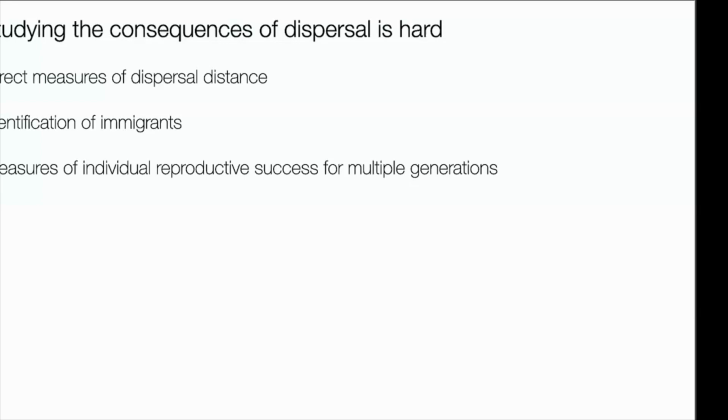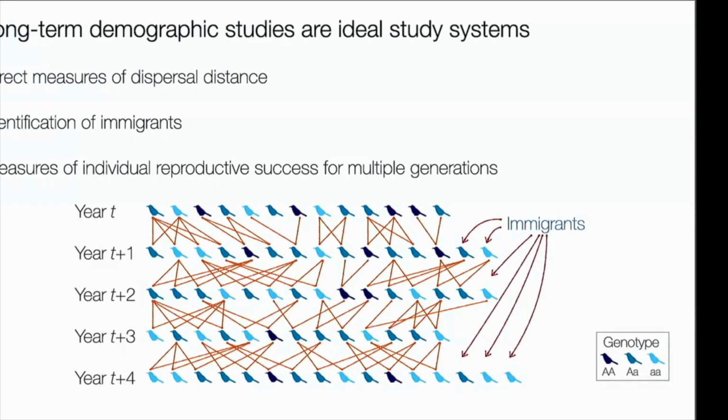Ideally, you would want to be able to identify immigrants coming into your population and then track individual lifetime reproductive success across multiple generations if you want to assess longer term consequences. Long-term demographic studies are really nice because with detailed monitoring, you can identify incoming immigrants into your population over time and also track how many offspring, grand-offspring, et cetera, they produce.